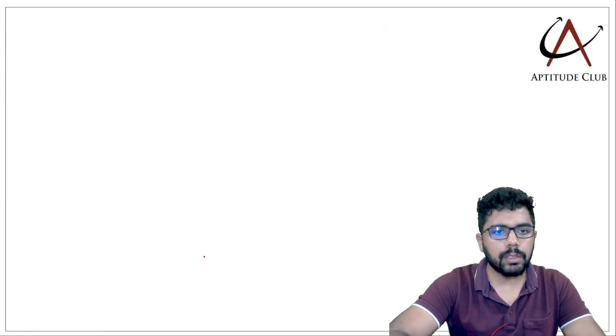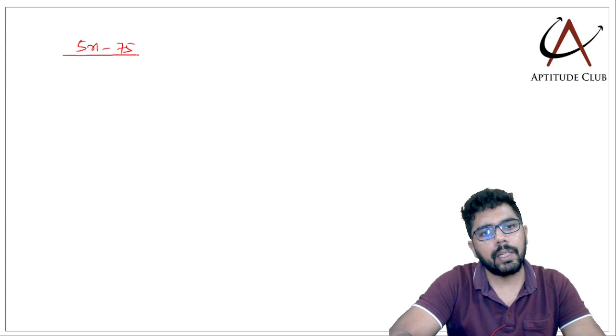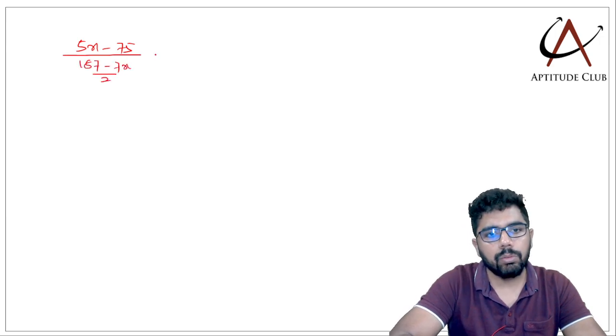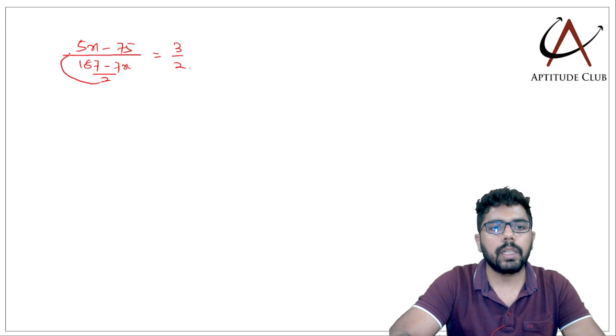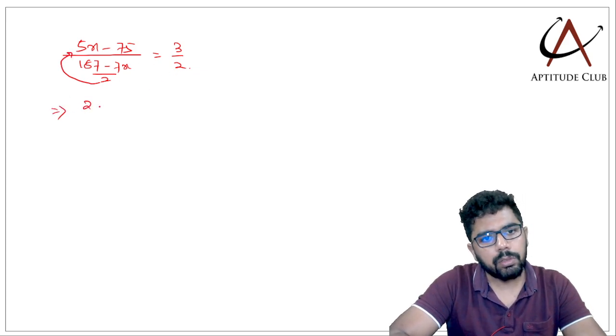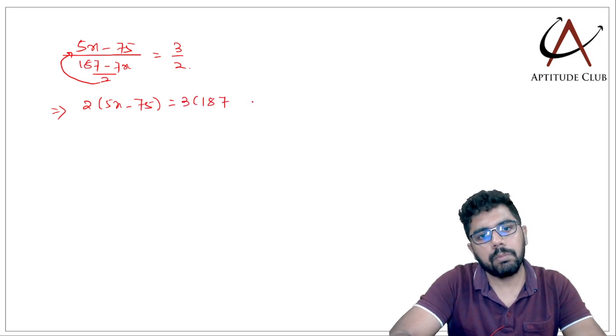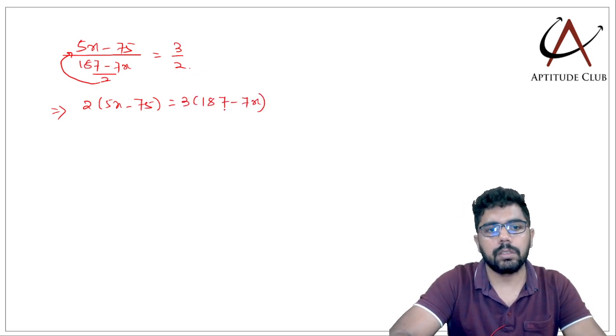So I have (5x minus 75) divided by (187 minus 7x) divided by 2. This ratio is given to us as 3 is to 2. Now this 2 will get to the numerator and multiply, and 2 cross multiplied. So I'm going stepwise, and 3 times (187 minus 7x).